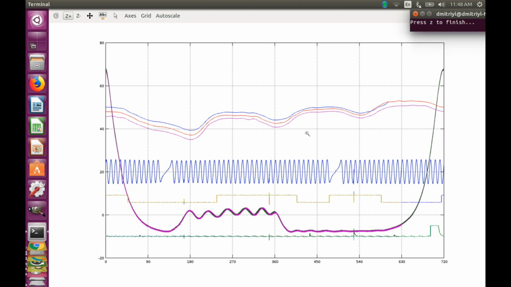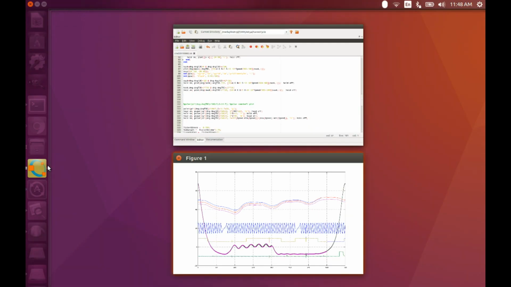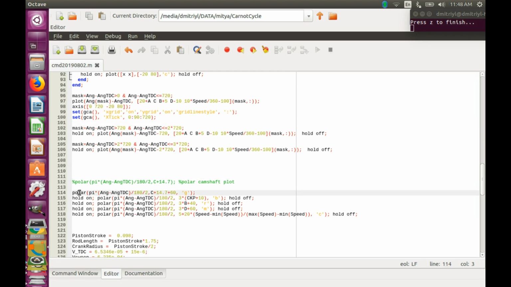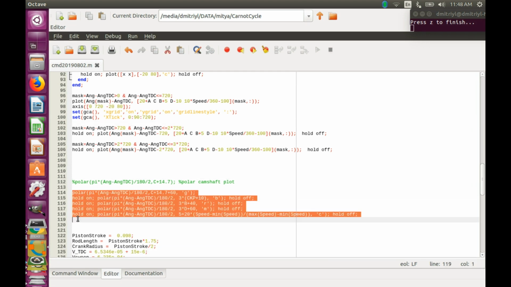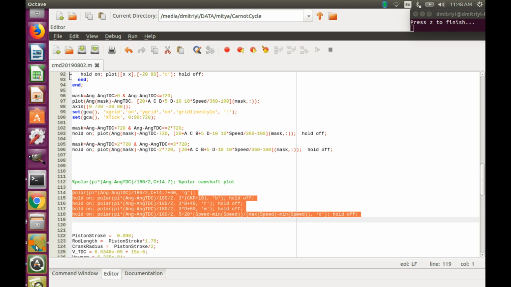This is not the only way to present an angular plot. In mathematics, the polar plots are often used. So we are going to go ahead and issue commands to plot the polar plot and see how it looks like.